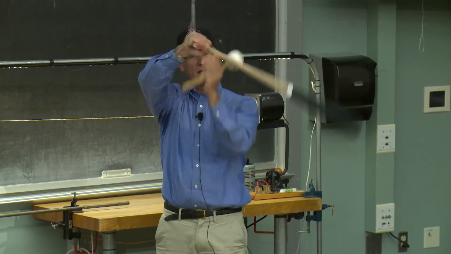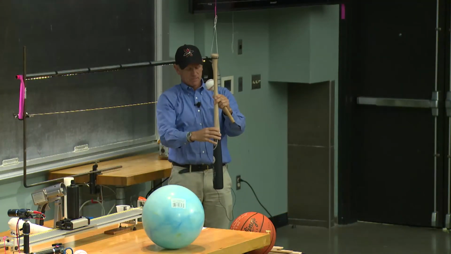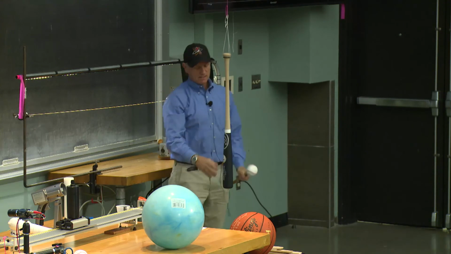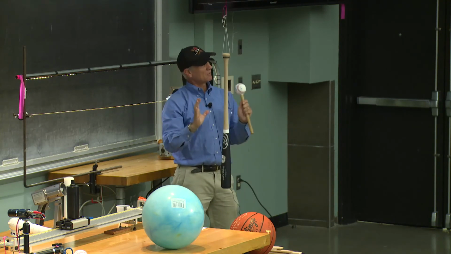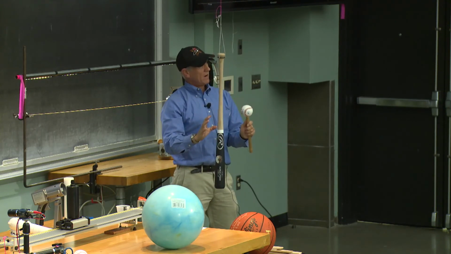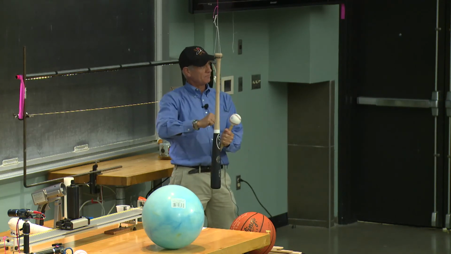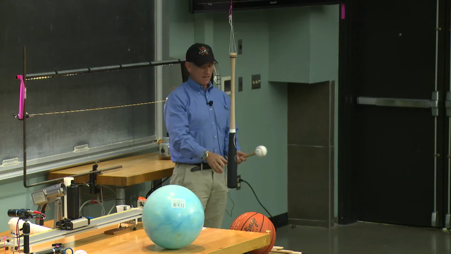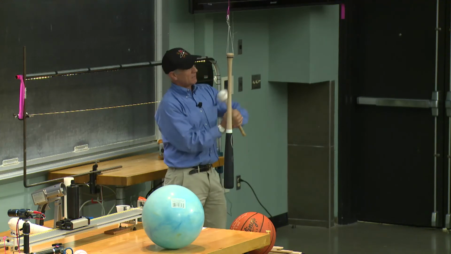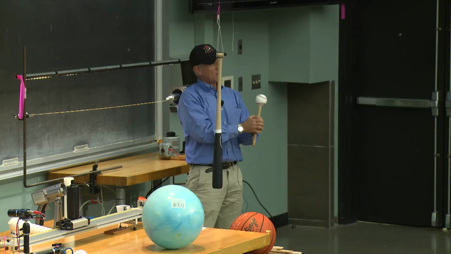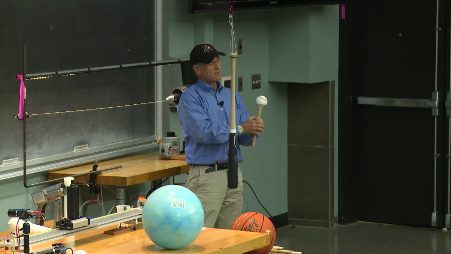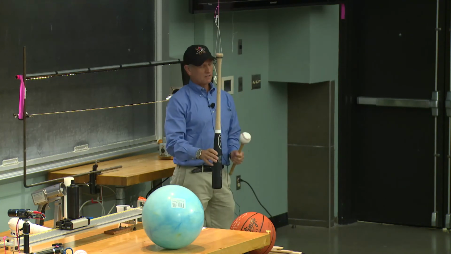Pivot point's where it's being held. I can hit the bat in various places, and there's a special place where the bat won't be rotating, it'll just translate. So if the ball hits the bat there, then instead of kind of rotating and requiring more strength in the wrists of the hitter, it'll just translate.